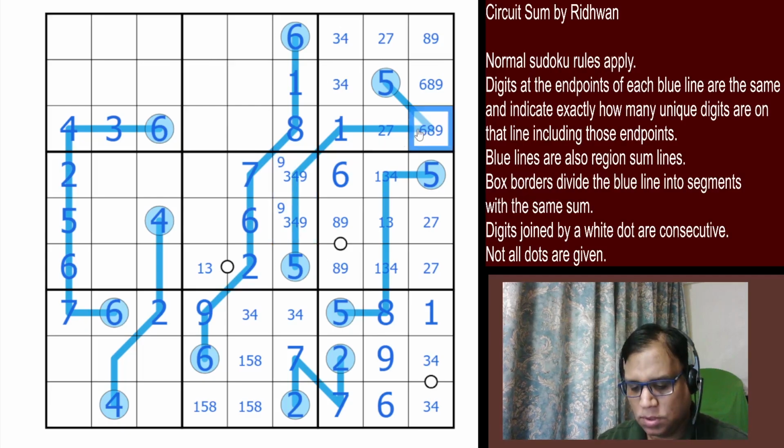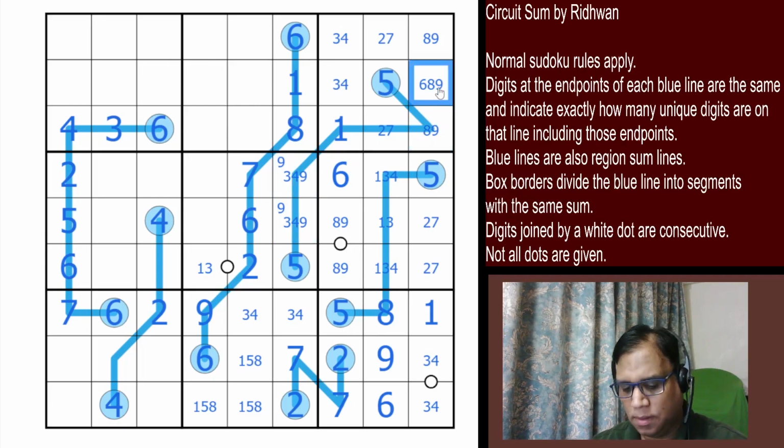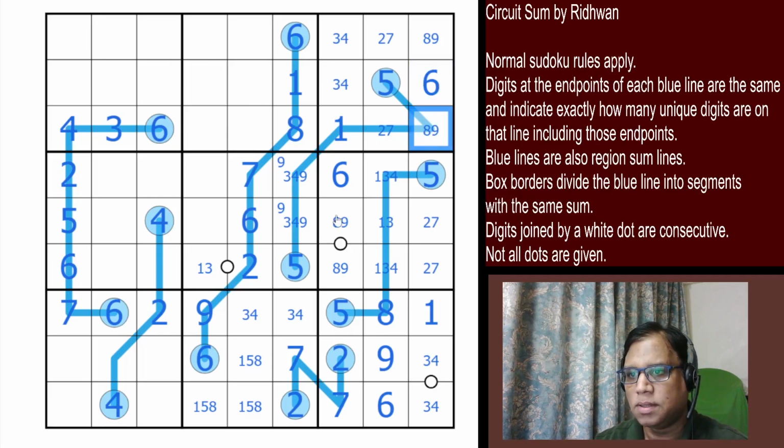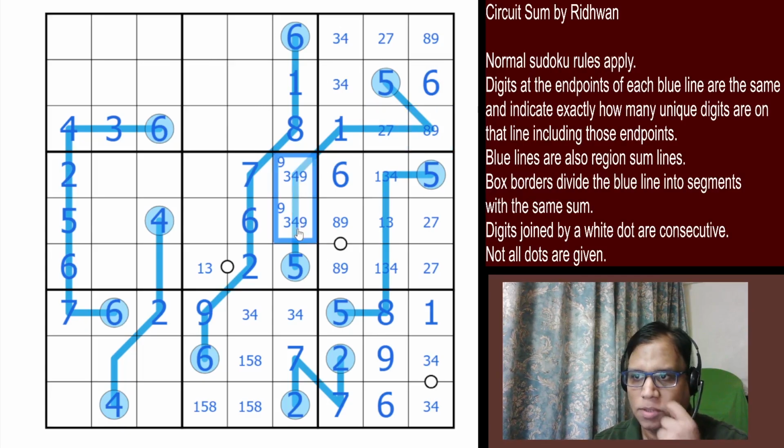In fact this is not 6 now, right? And 6 is here. So that is 8 or 9. 8 and 1 could be 9, but then 2 and 7 must be repeating, but it's not possible, right? And 3 and 4 is not here, that means the repeating digit is 9.